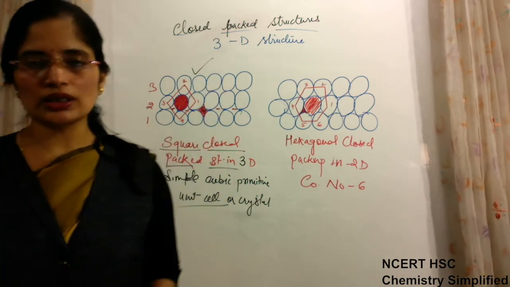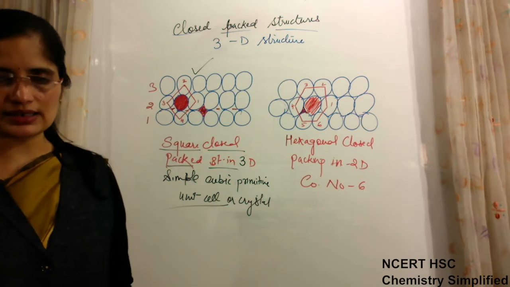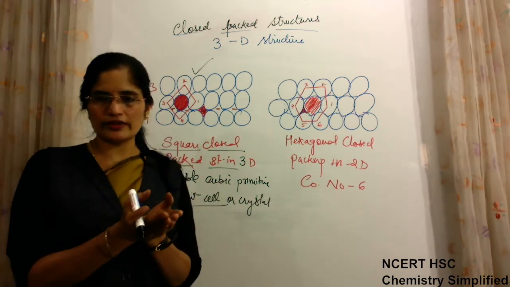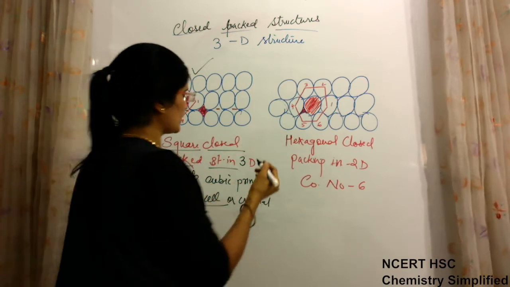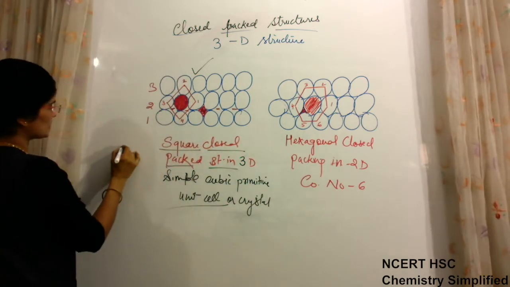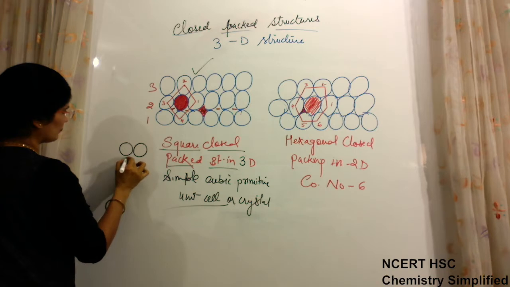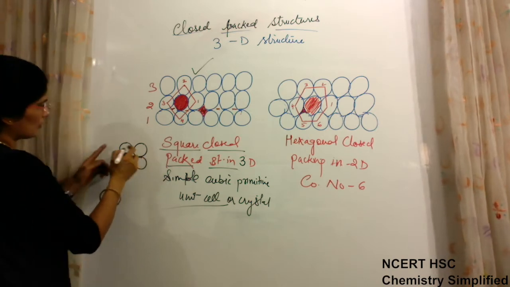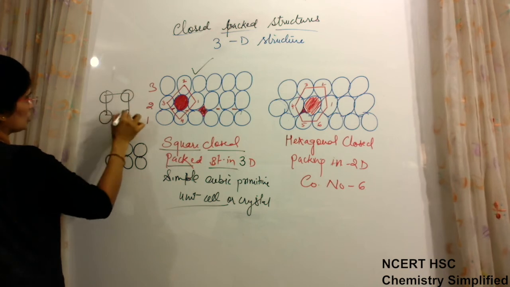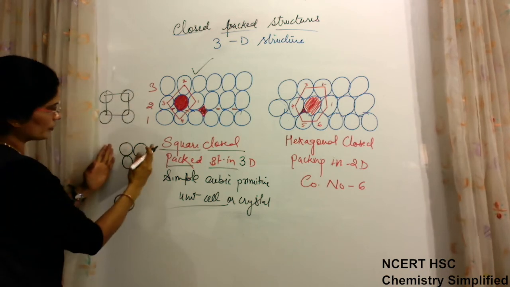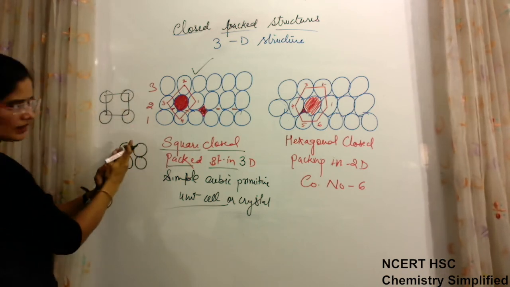That means it is not an efficient type of close packed structure, because particles are only, you have seen, present on the corners. When corner particles like this, if it is a unit cell, 1, 2, 3, 4. Previously we were making lines 1, 2, 3, 4 like this. Now what we have done, removed the lines and kept the particles close.